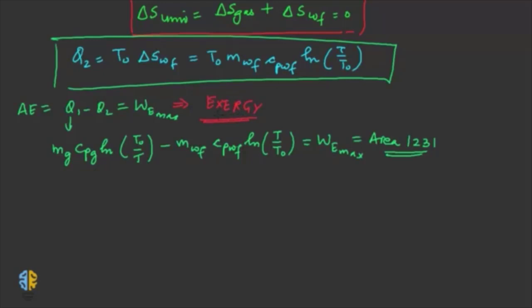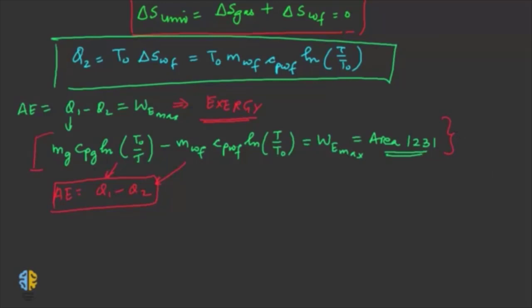Now therefore the available energy or the exergy of a gas of mass mg at temperature T is given by this value. So I can say available energy is Q1 minus Q2, and you can replace the values of Q1 and Q2 over here to get the value for available energy. So you can straight away remember this formula as well.